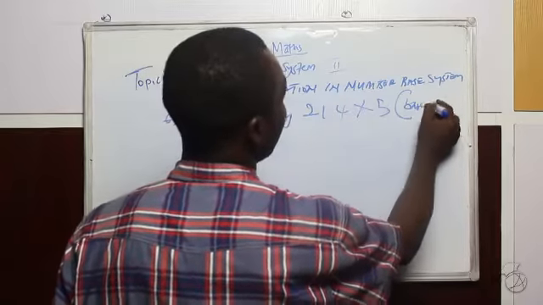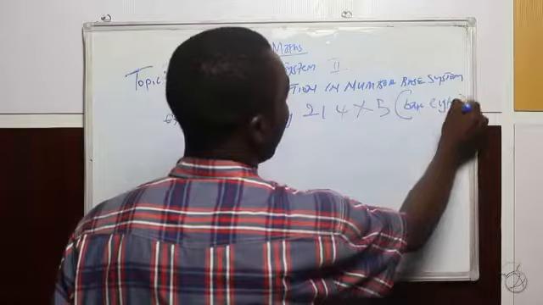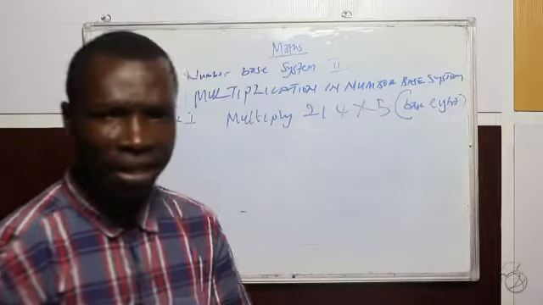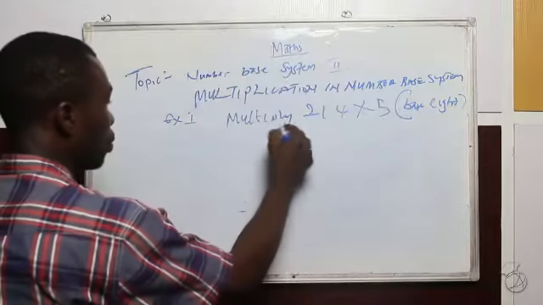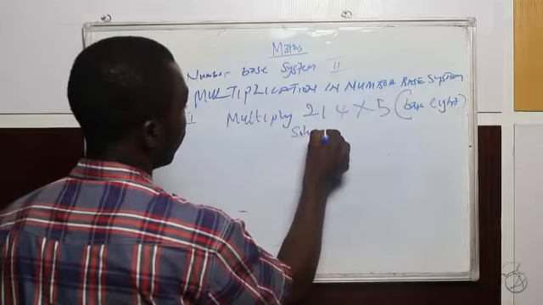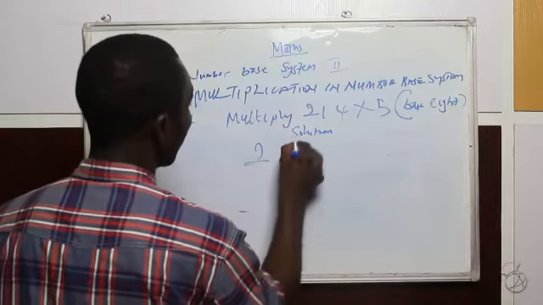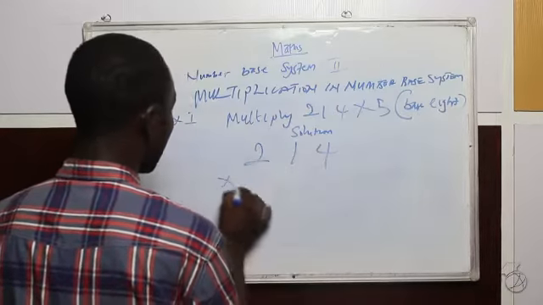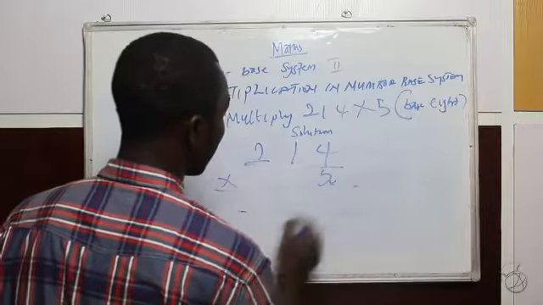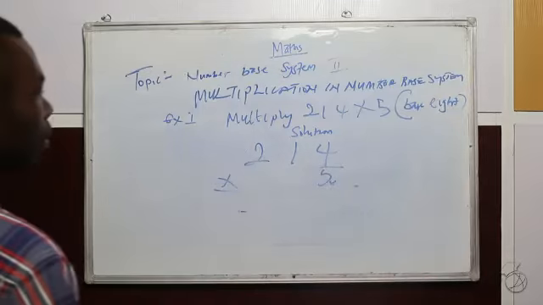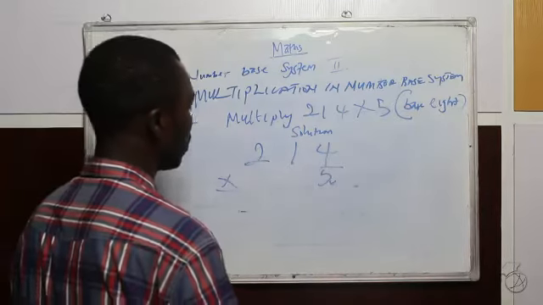This question is very technical, so we have to pay more attention to it. Multiply 214 by 5 in base 8. Solution to this question: 214 times 5, all in base 8.